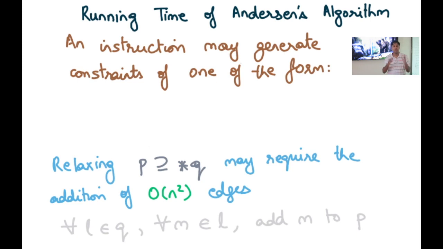Although the total number of abstract objects that they may point to obviously cannot be more than order n, because after all, the total number of nodes in the graph is at most order n, you need to check each of those two-hop outgoing edges to make sure that this constraint is satisfied, and that itself is an order n square operation.